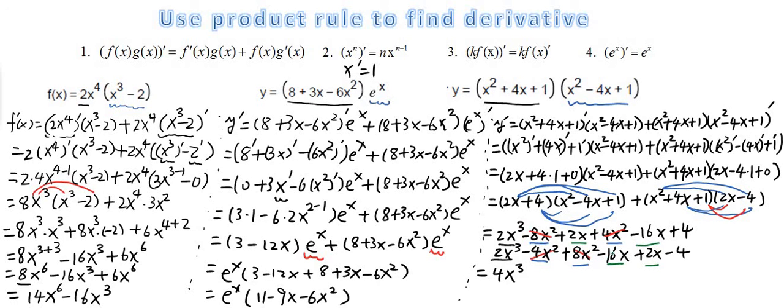Okay, here negative 16x plus 2x is another negative 14x. So the total is negative 28x. Okay, and now we can check the constant. Here we have positive 4 and here is a negative 4, cancel out. So the answer for this problem should be 4x cubed minus 28x.